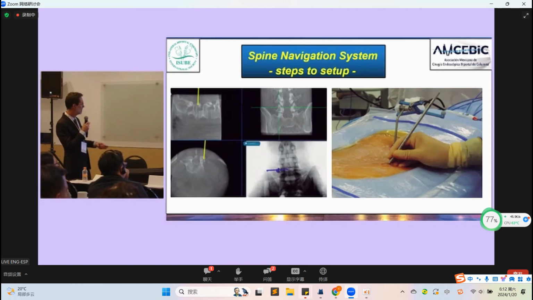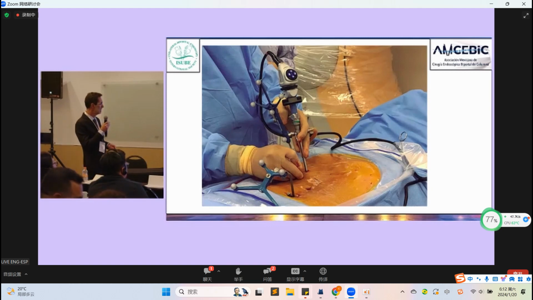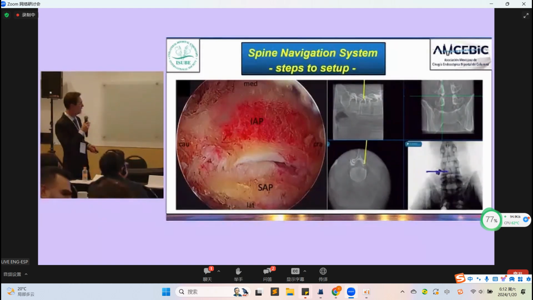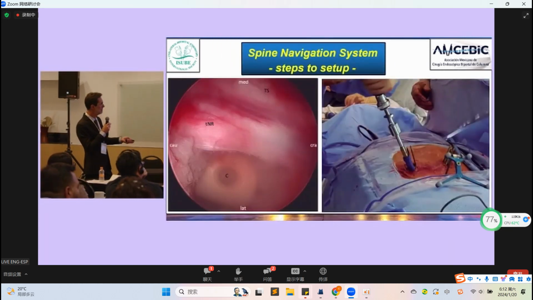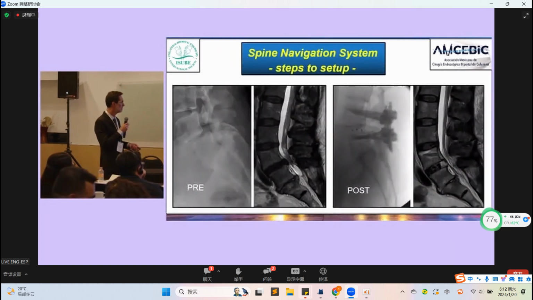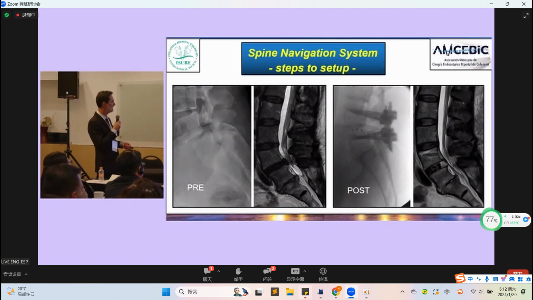At the beginning of the surgery, to mark the entry point; during the surgery, to localize; and for the decompression, and to put the cage. It's important. Here is an example of surgery using spine navigation.